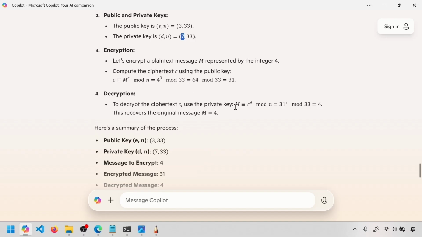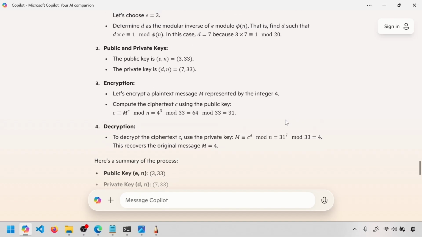And the formula for calculating is c raised to d mod n. That's the formula for calculating. So c is the ciphertext, which is 31. We got it here. And raised to d mod n, we get the message like this. Again, we are doing the mod. We are interested in the remainder.